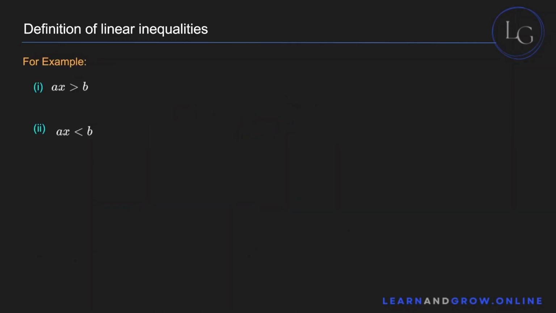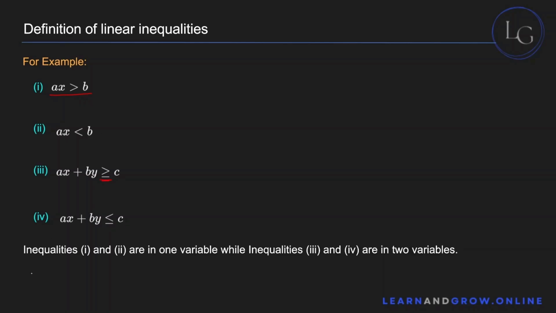Now, look at these examples. We discussed some earlier, but let's just say this one over here. As you can see, ax is greater than b. Ax is less than b. Ax plus by is greater than or equal to c. Ax plus by is less than or equal to c. Now, here's the important part.